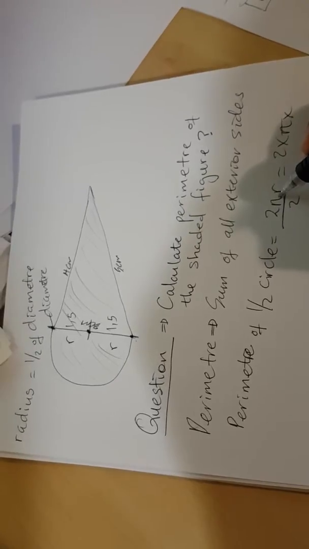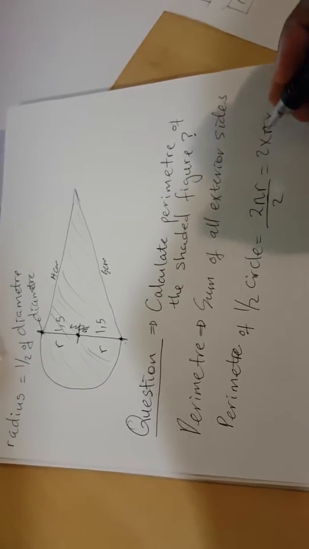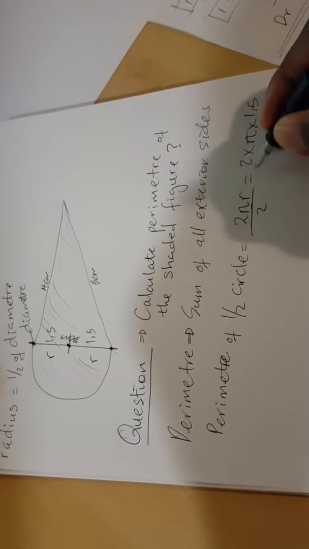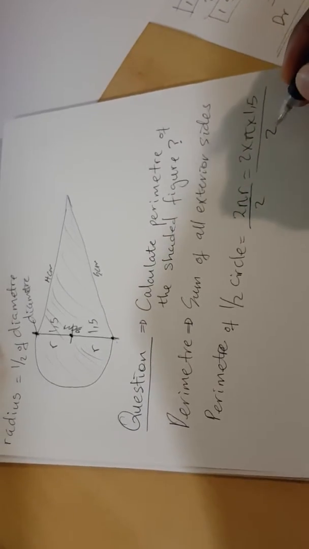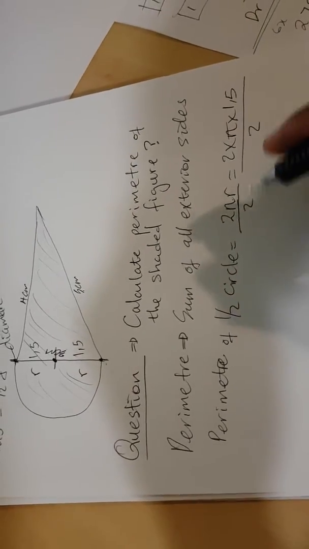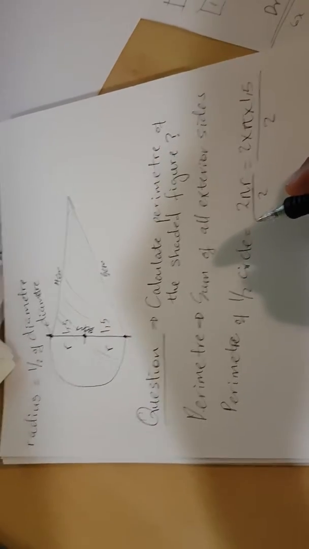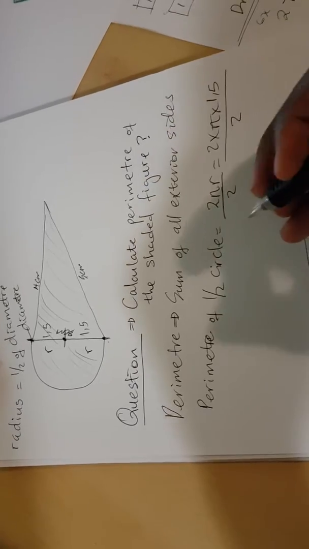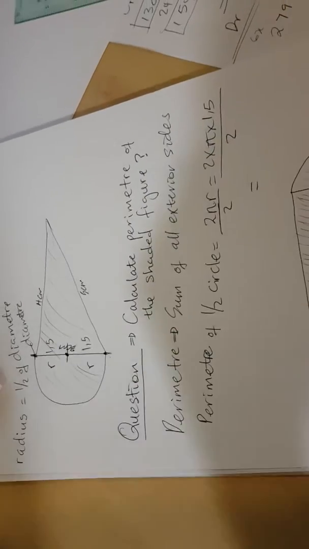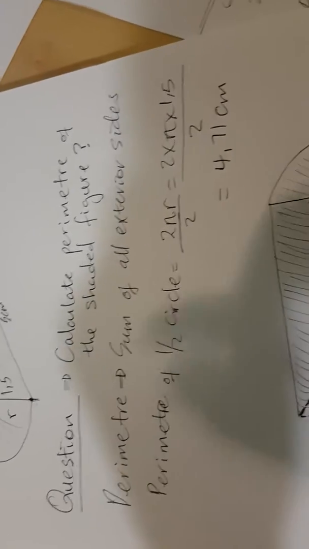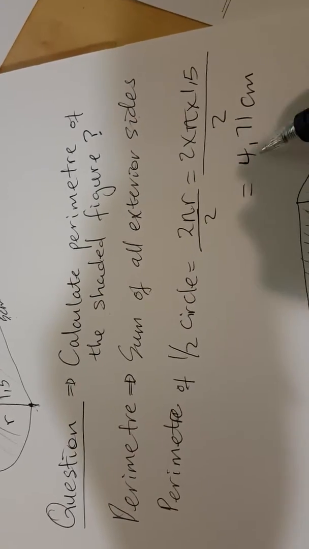So it's 2 times pi times r. R represents radius. Our radius is 1.5, so it's times 1.5, all divided by 2. The reason why I'm dividing by 2 is because we're calculating the perimeter of a half circle, so we need to divide by 2. And then how much are we going to get? What we're going to get is 4.71 centimeters.